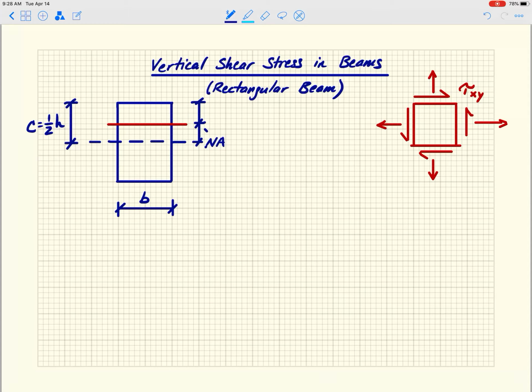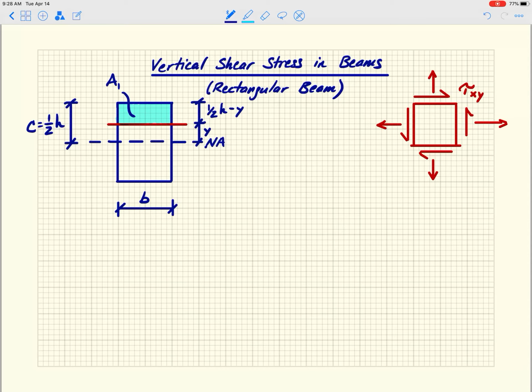Up to that cut, we're going to call that y. And above that cut to the top of the beam, that's just going to be 1/2 times h minus y. The area above that cut, which is this guy here, we're going to call A1, and that's of course going to be 1/2 (h minus y) times b.